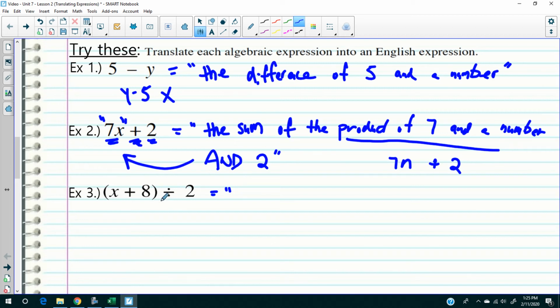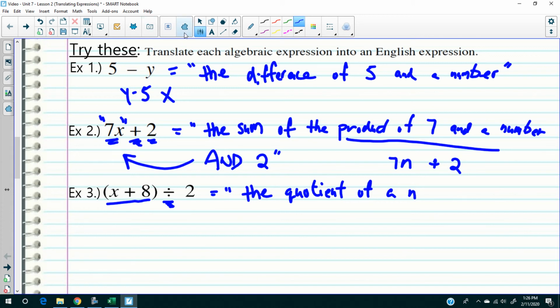So here you have to point this one out first. It's the quotient. The quotient of what? How do you say this? The quotient of a number. No, the quotient of the sum.